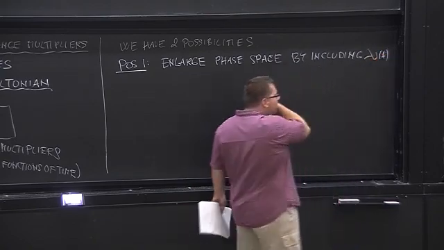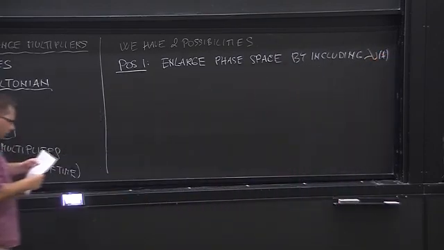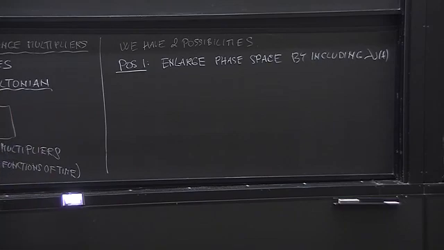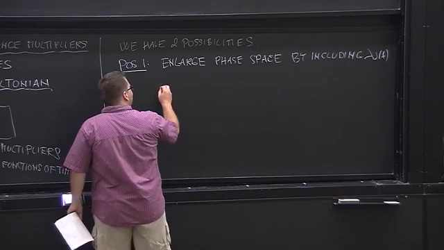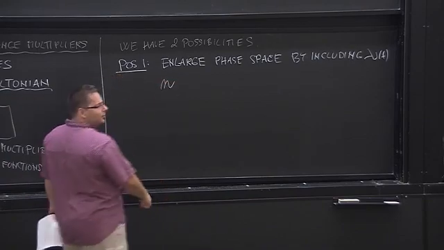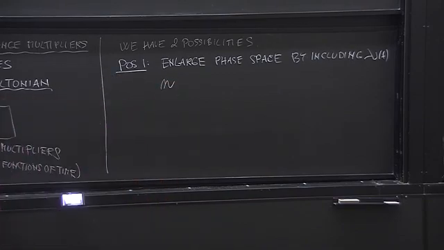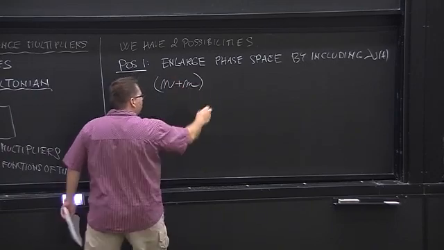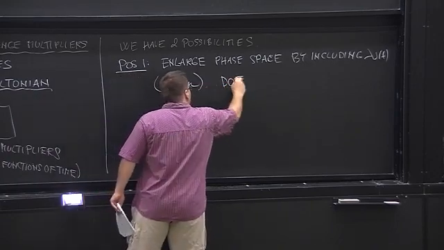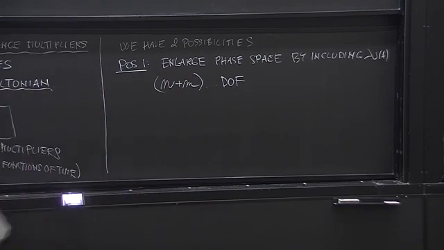So now I have also these to be my generalized coordinates, the Lagrange multipliers. So now, if my original system had n degrees of freedom, and I am adding m constraints, meaning m Lagrange multipliers, now my degrees of freedom is just n plus m, or the phase space is twice as much.